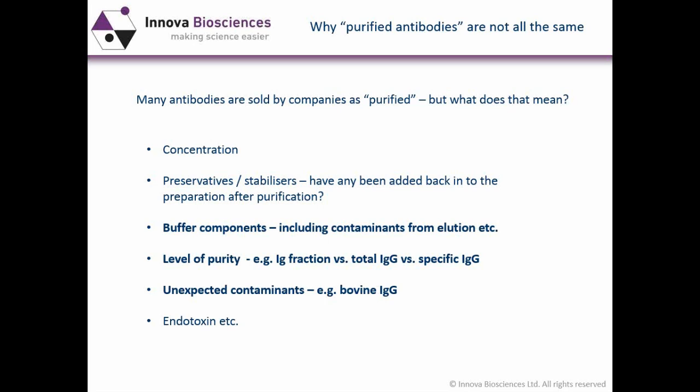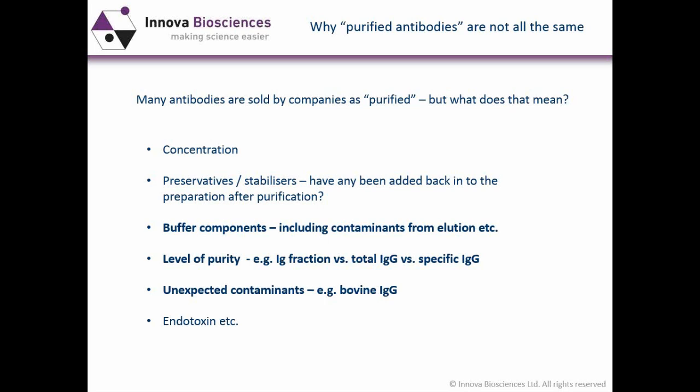Finally, you might be interested, depending on your application for your antibody, in knowing whether there is any endotoxin present. Endotoxin is particularly important if you're working with live cell systems, and some manufacturers will measure this and declare the levels to you. So let's just think about some of these other main factors coming up.